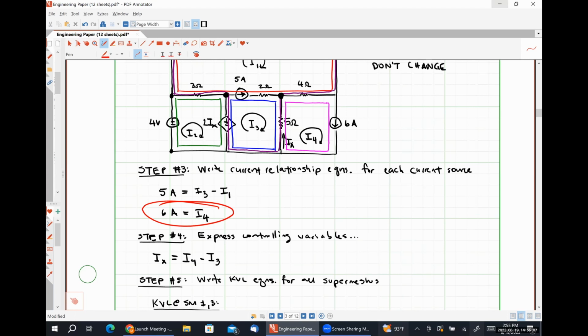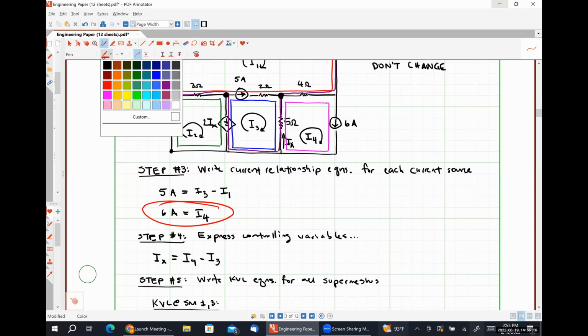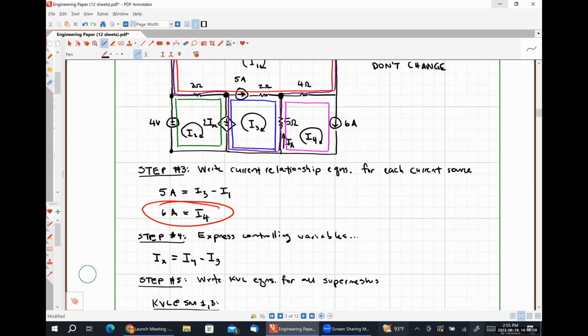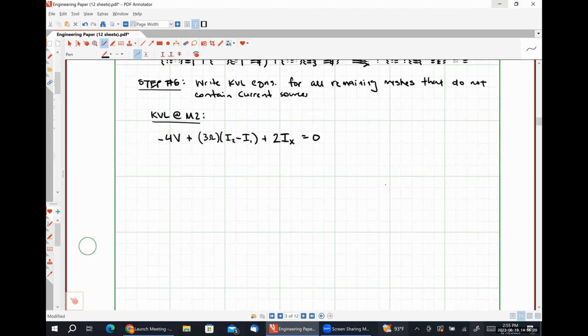So we have enough equations to solve this system. Using MathCAD or some other computer algebra tool, we would get the following results. So let me write down here. Step number 7, solve the system.